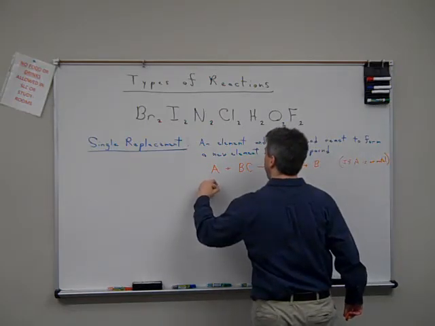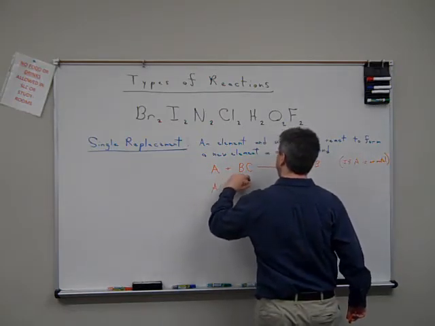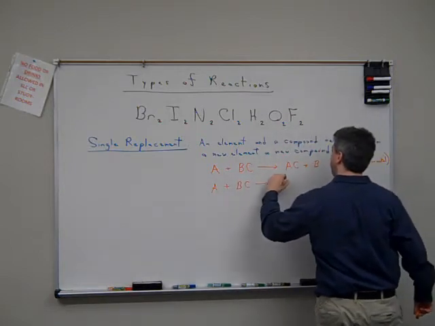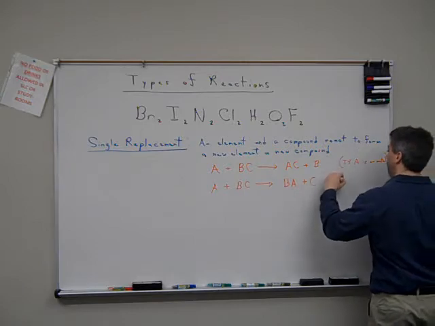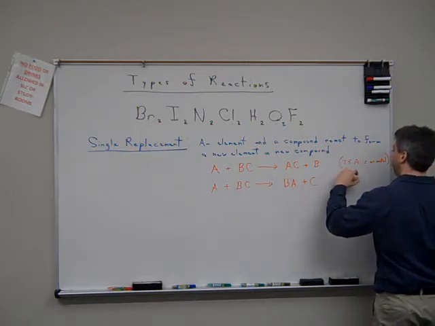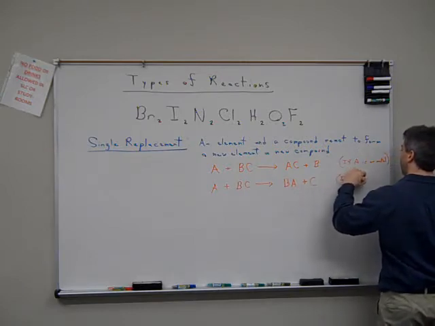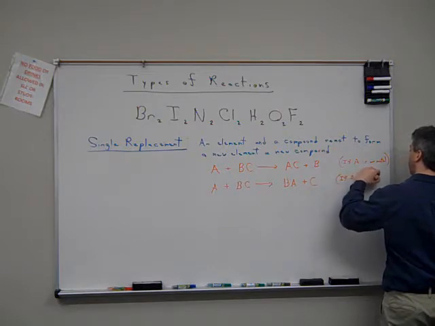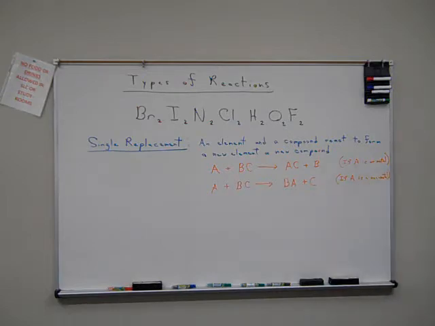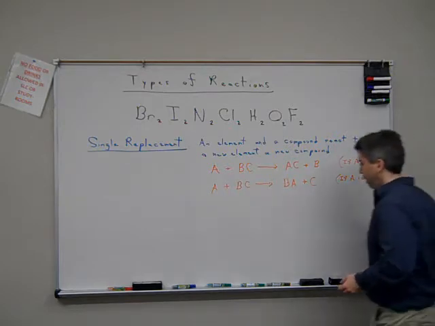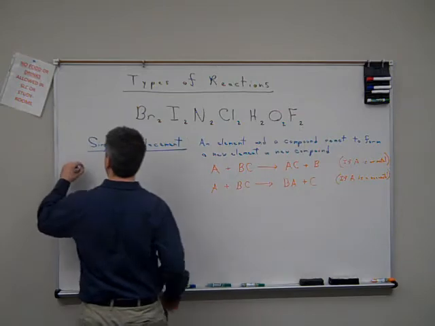Or you could also have A plus BC goes to form BA and C, and that would be if A is a nonmetal, because nonmetals tend to form negative charges. Now, the basic principle of predicting these types of reactions is that like replaces like.